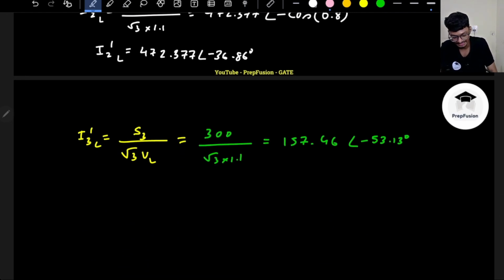Now what is the overall current? The overall line current of the primary will be the addition of I2L dash plus I3L dash.